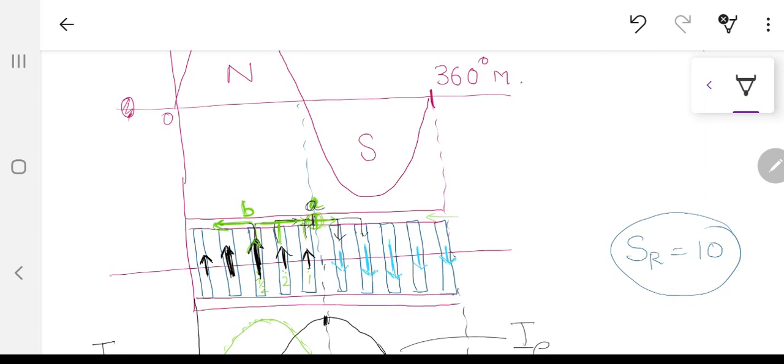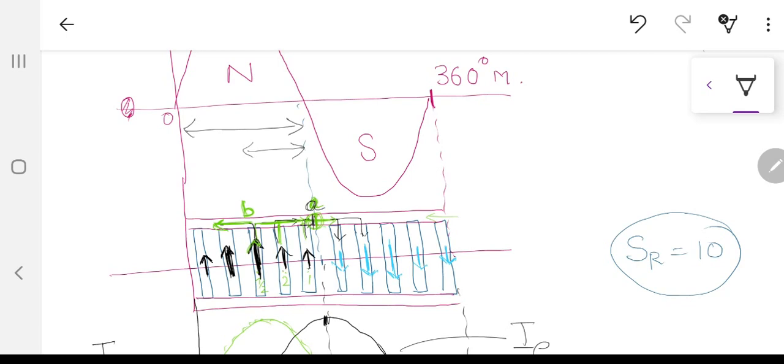Generically speaking, this is approximately the number of bars under half the pole pitch. What is pole pitch? And what is the pole pitch in terms of number of slots? That is over here 5, because the number of rotor bars is 10. So under half of the pole pitch, how many bars do you have? You have just 2.5.